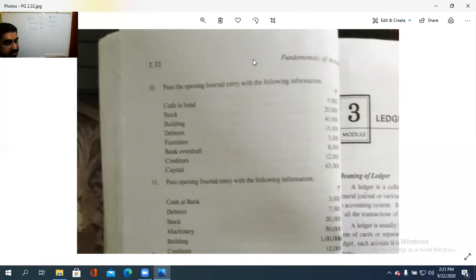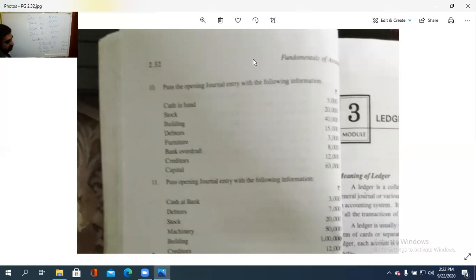Then debtors 15,000. Then furniture 3,000. Then to bank overdraft, how much is it? 8,000. To creditors 12,000, and to capital it is 63,000.